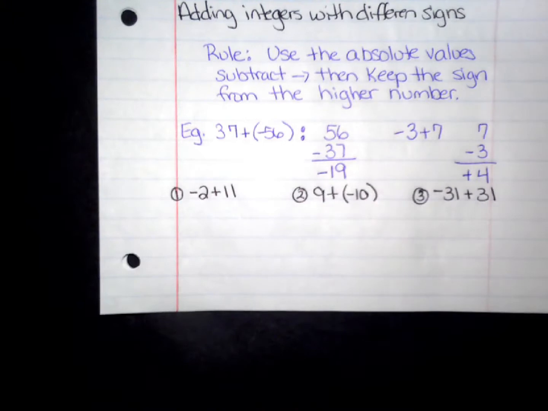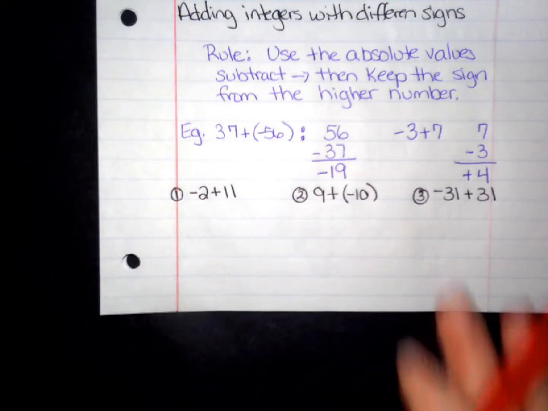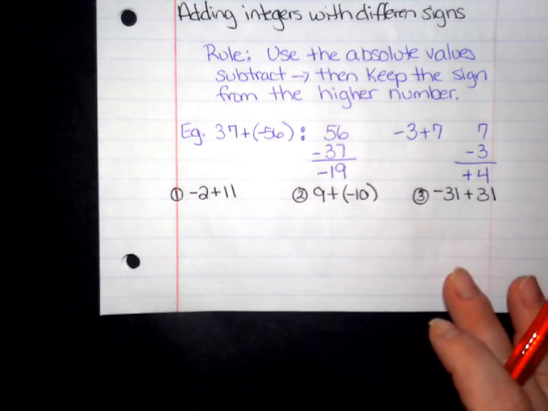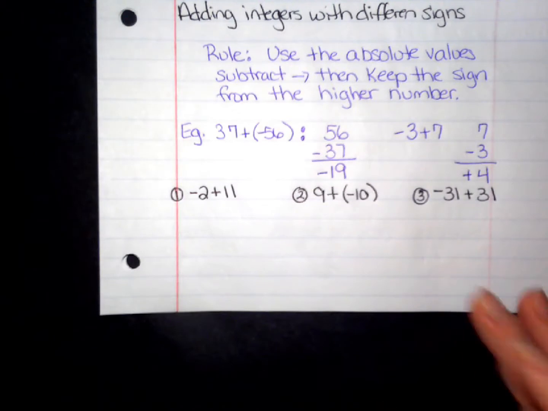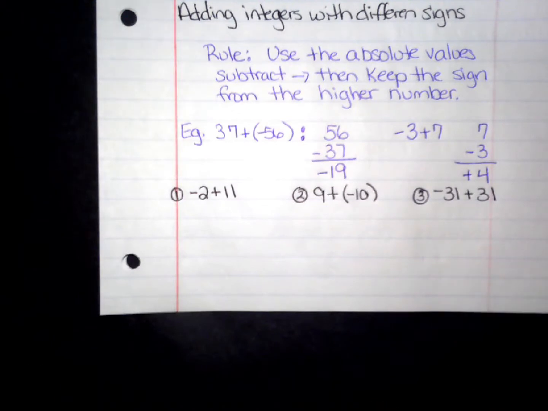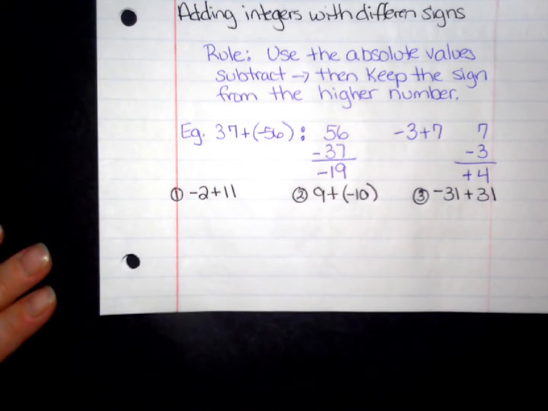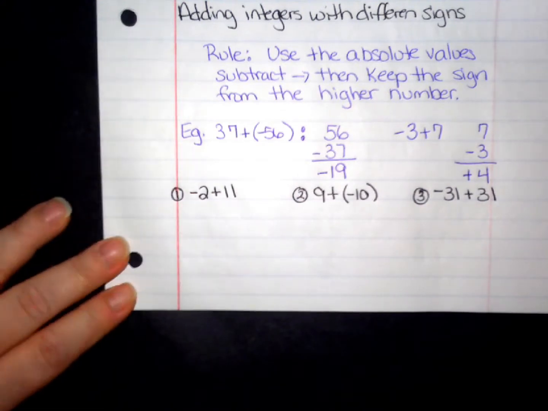All right, so go ahead and pause this video. Work these out using the rules. Remember, you have the rules right above. So if you were taking notes like you were supposed to, you should have these rules right there to help you. And then come back after you solve the problems. All right, so hopefully you have solved them and you are back to see if you got the correct answers.